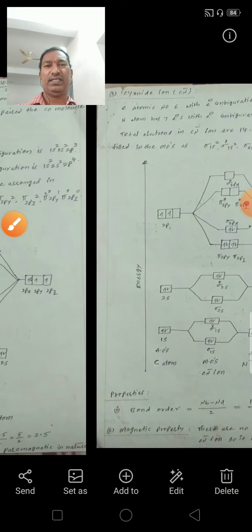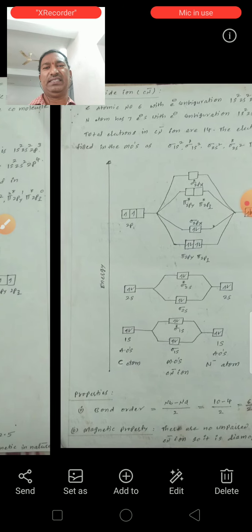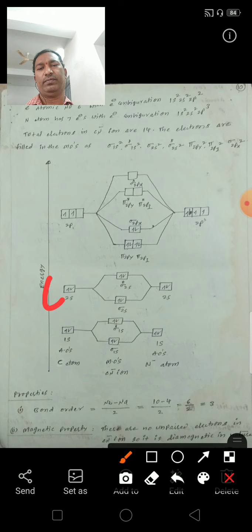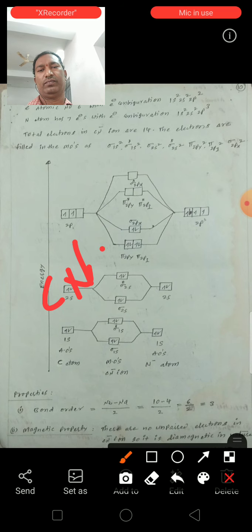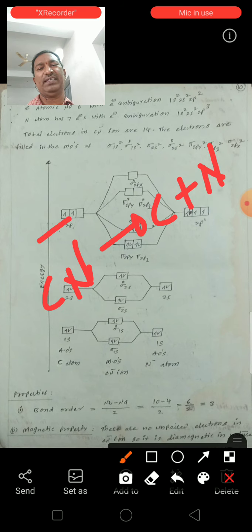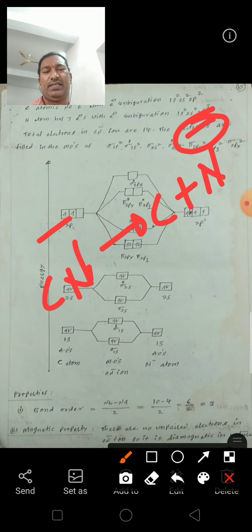So next see the CN minus molecule. CN minus molecule contains two heteroatoms. One is nitrogen and another one is carbon. So here CN minus means carbon and nitrogen minus, like that.